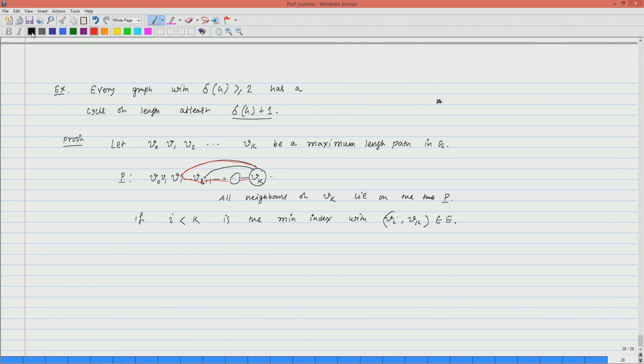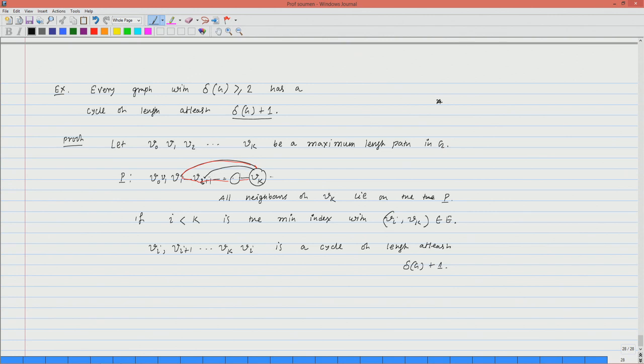And what is the length of this cycle? So, Vi, Vi plus 1, up to Vk and then again Vi is a cycle of length at least delta G plus 1. This is not difficult to observe.